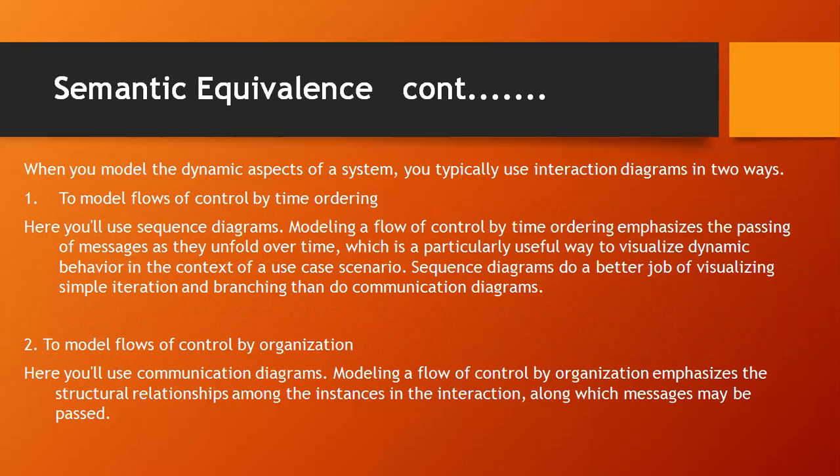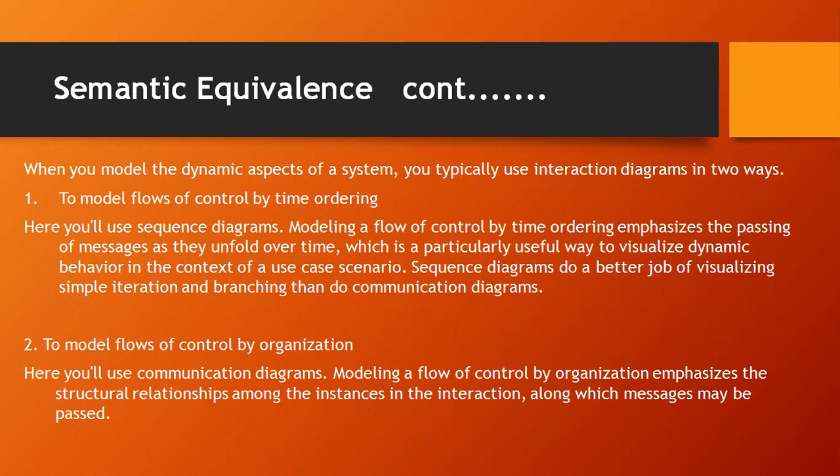When we use an interaction diagram to model some dynamic aspects of the system, we do so in the context of the system as a whole, or a subsystem, or an operation, or a class. We can also attach interaction diagrams to use cases and to collaborations.